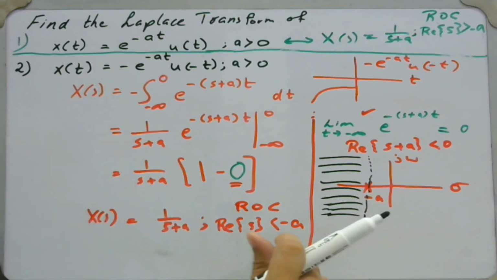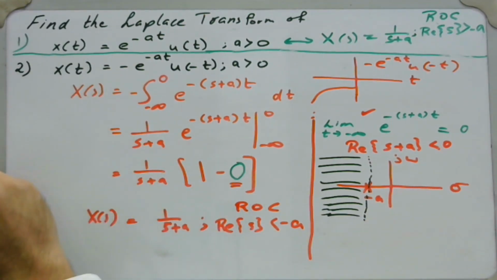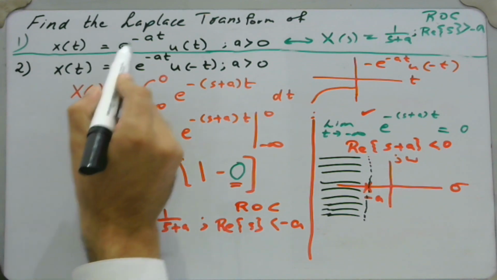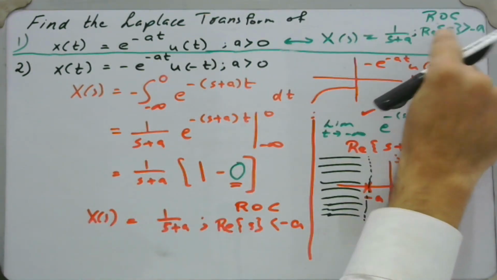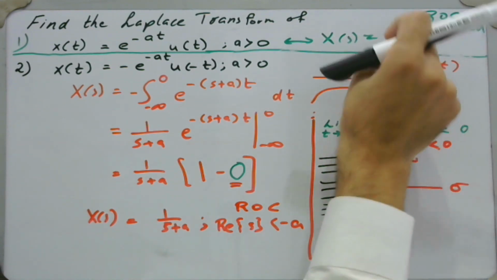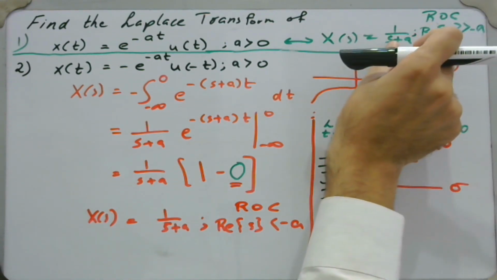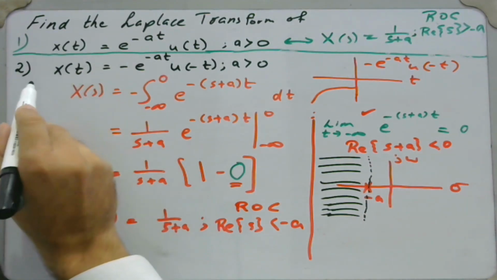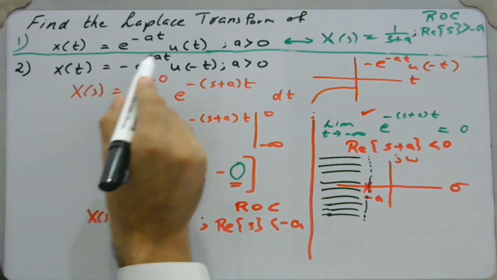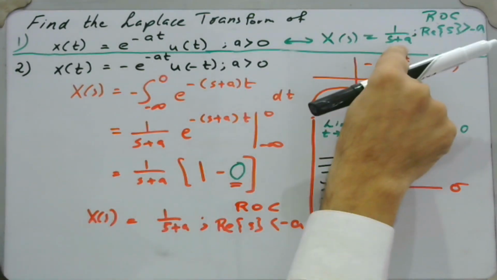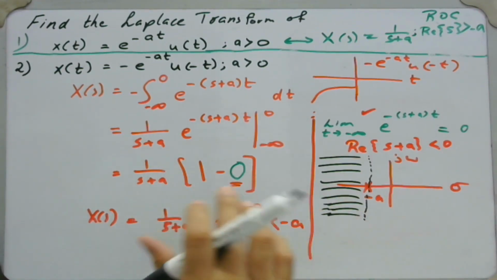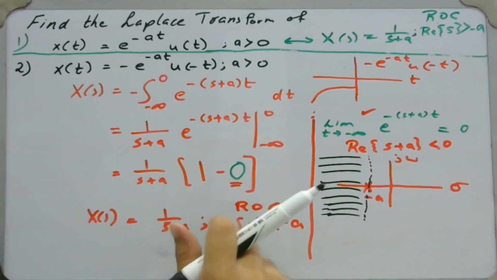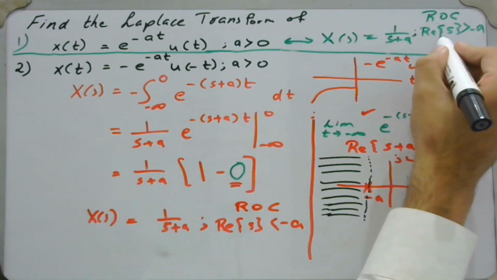So some interesting points in these two examples. The first one was e to the power minus at u of t for a greater than 0. In this case, the algebraic expression 1 over s plus a is exactly similar to our second example, when we have minus e to the power minus at u of minus t. So 1 over s plus a and 1 over s plus a, they are exactly similar. There is no change. But the change appears in the region of convergence.